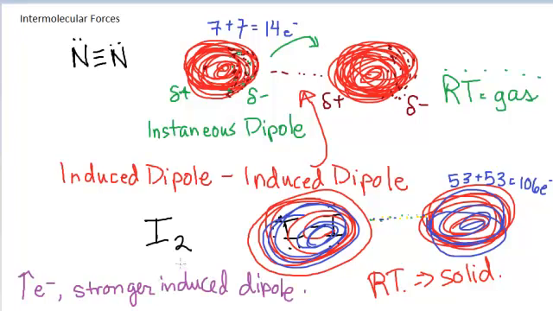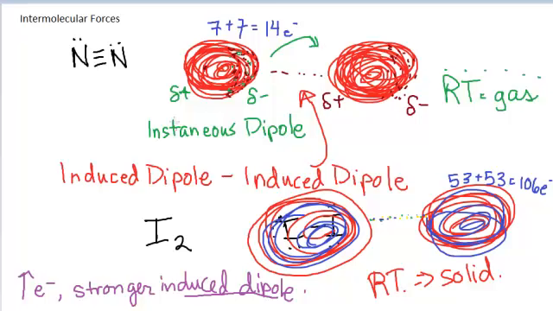It turns out that all molecules, even those that have dipole moments, honest to goodness legitimate dipole moments, also will have induced dipole forces, and this holds true. The more electrons there are, the stronger these induced dipole forces are going to be, which means the more likely that substance is going to be in the solid phase or the liquid phase as opposed to the gaseous phase.